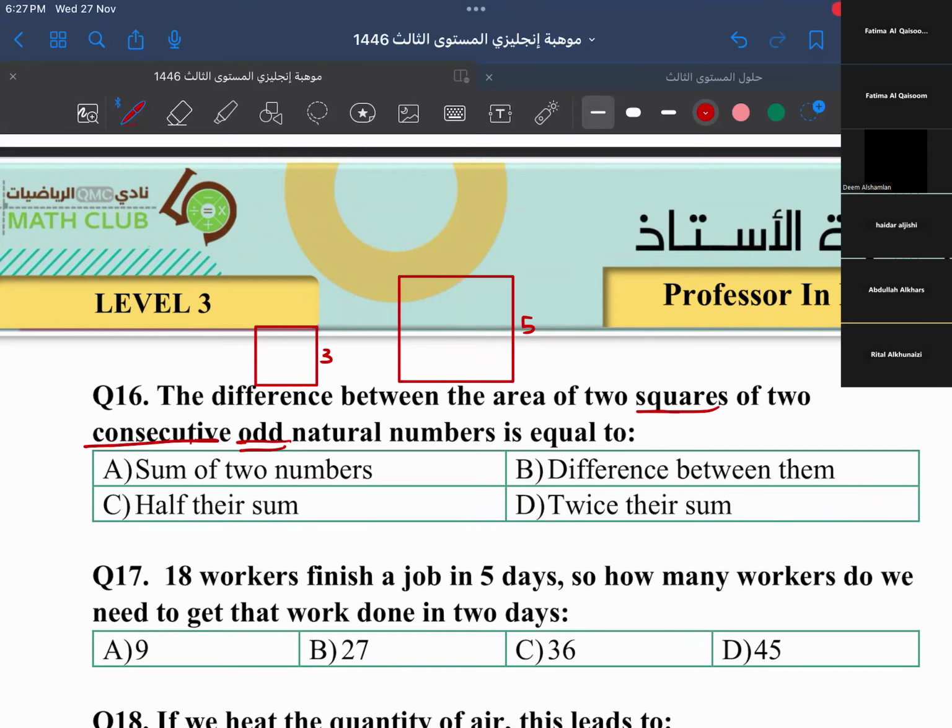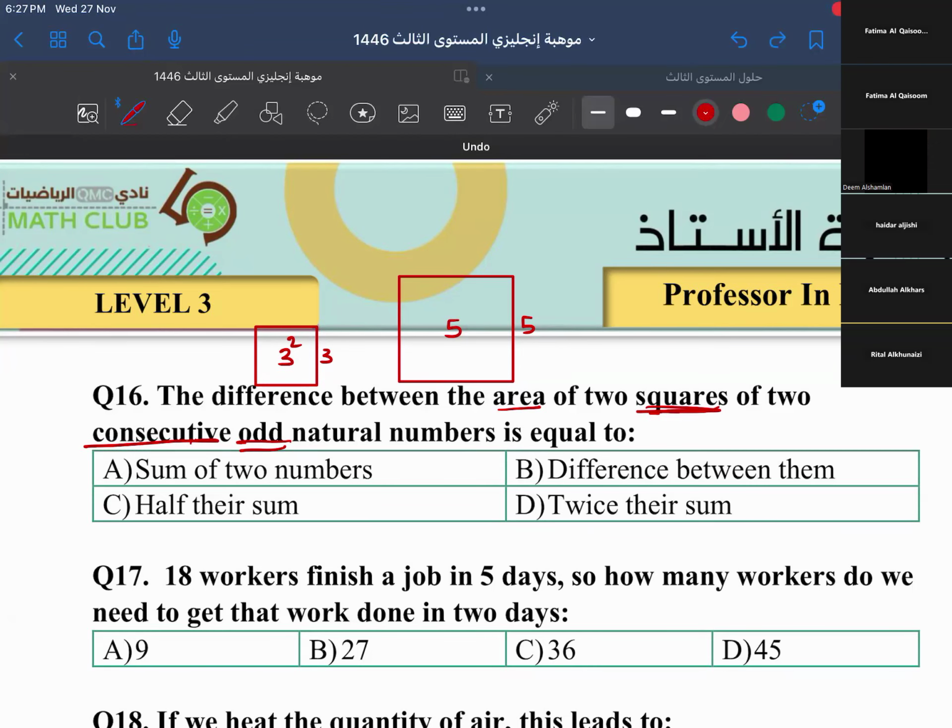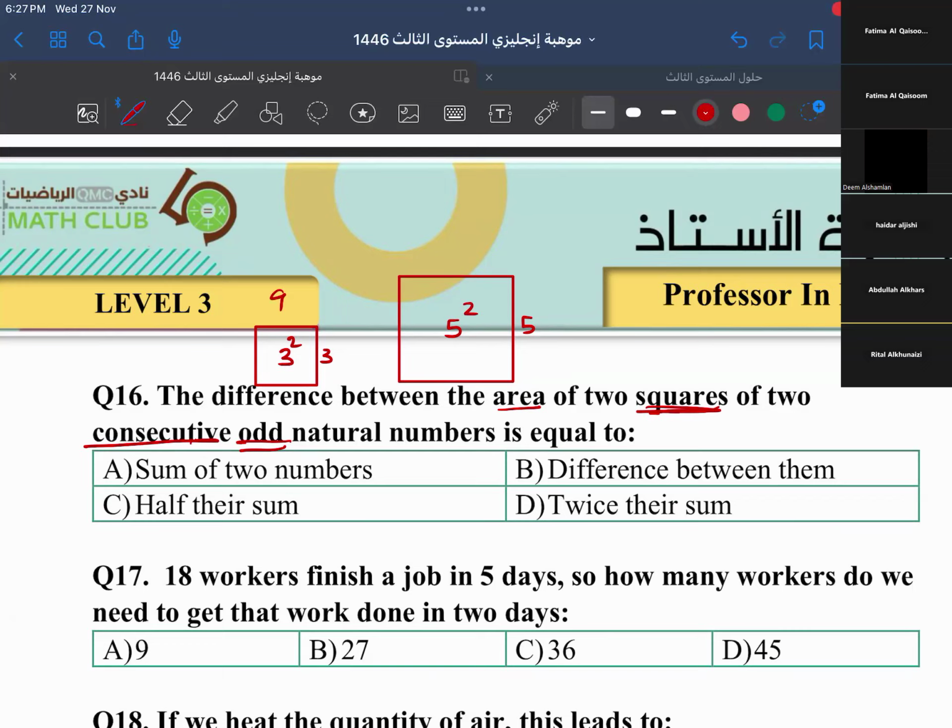It's consecutive and both of them are odd. So the area of the two squares here, this is going to be what? Wouldn't the first one be equal to 9 and the second one be equal to 25? Yes. So it's 3 squared and 5 squared. As you said, this is going to be 9, this is going to be 25.